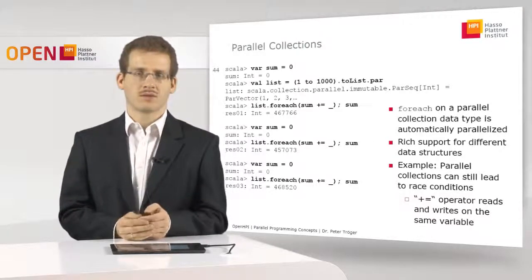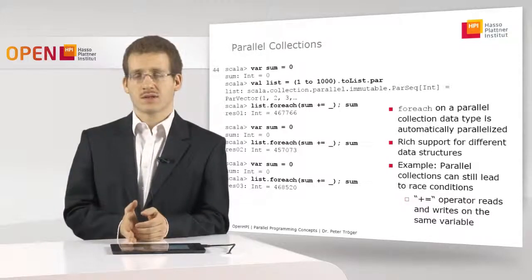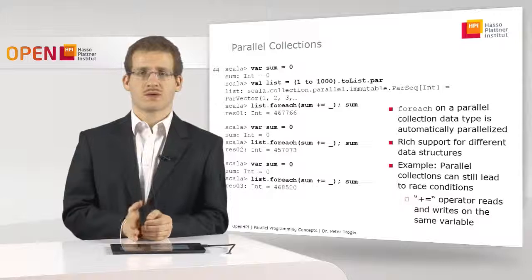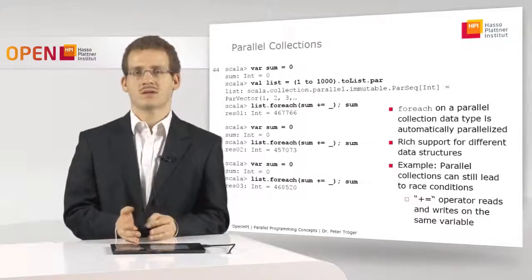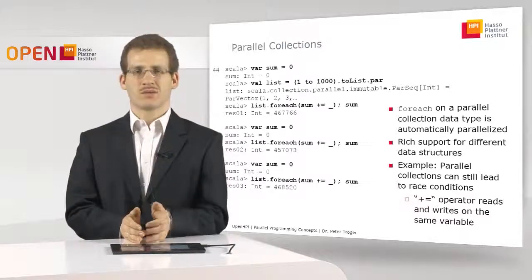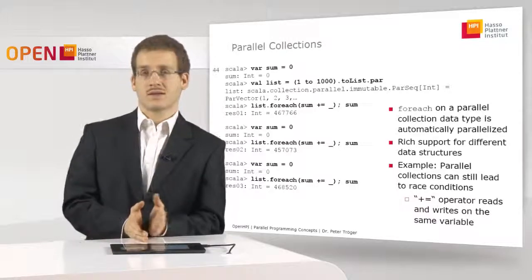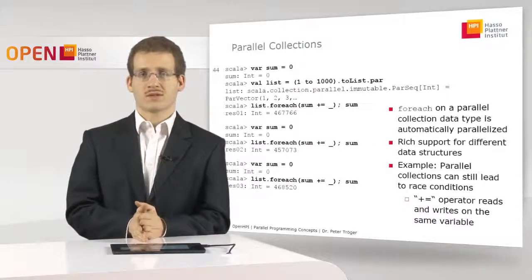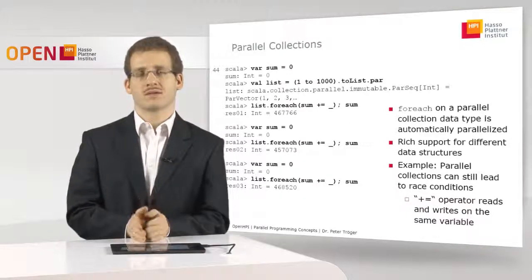The only remaining relevant message here is that if you use these functionalities, you still have to make sure that you don't introduce race conditions by yourself. So you see here in the example, although we rely on high-level primitives on a very high level of abstraction, there's still the possibility for having race conditions because the shared variable sum is not considered in the synchronization.